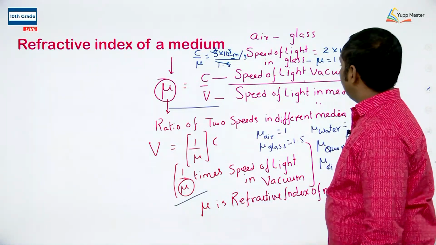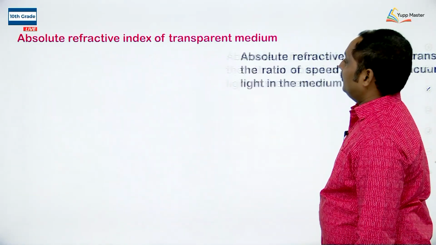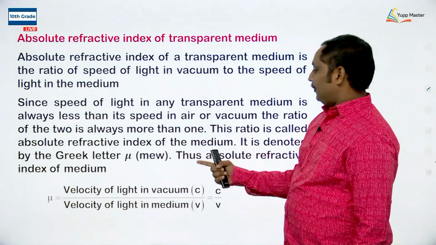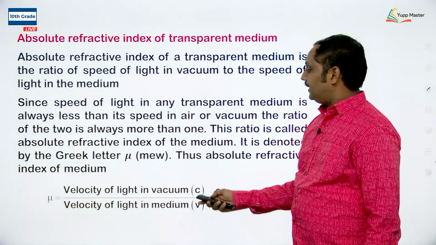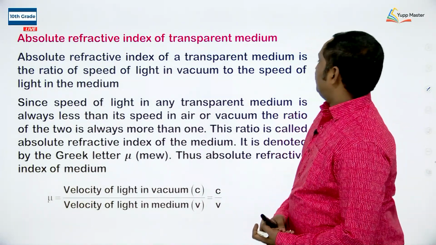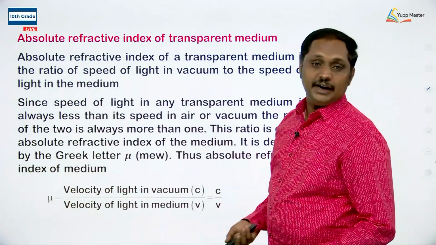Right, let us go for another one. Please have a look. Absolute refractive index: it is also identified by the velocity of light in vacuum and light in medium. For a transparent medium, it is the ratio of the speed of light in vacuum to the speed of light in the medium.